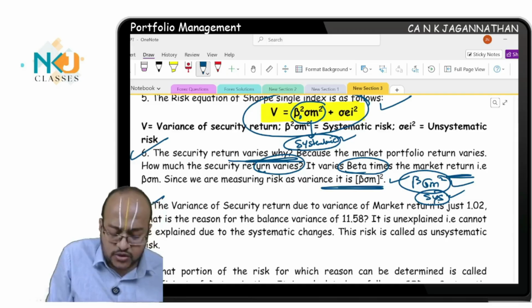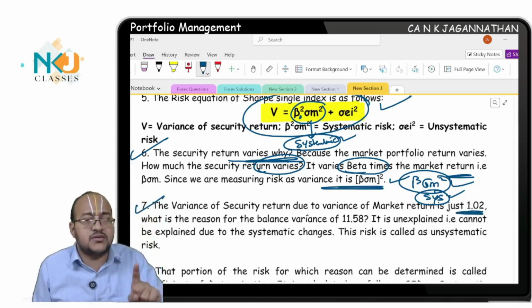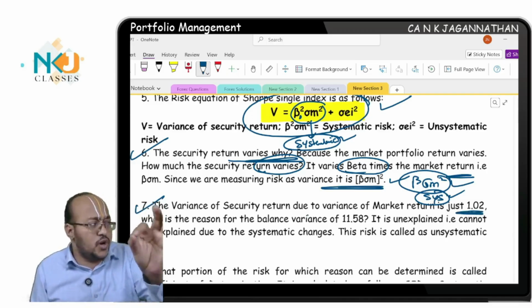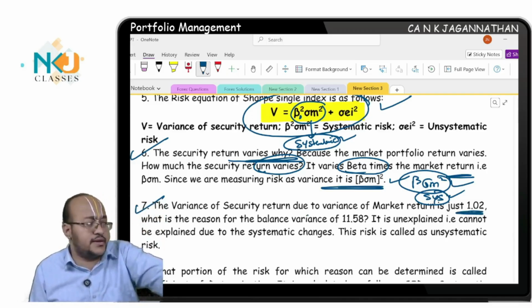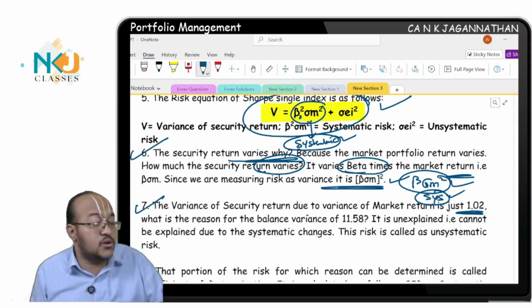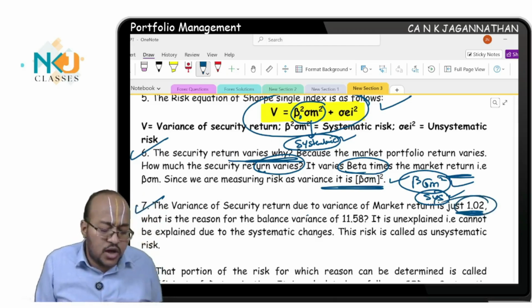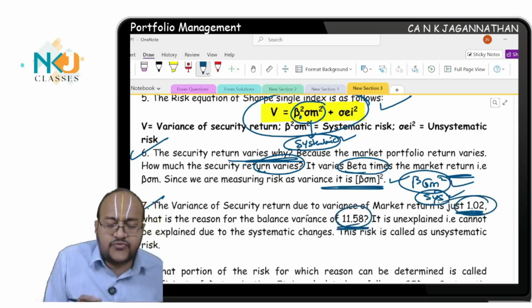The variance of the security return due to the variance of market return is just 1.02. Out of the total risk of 12.6 of this security, assume it is Reliance Limited, the systematic risk just comes to 1.02. What is the reason for the balance 11.58?